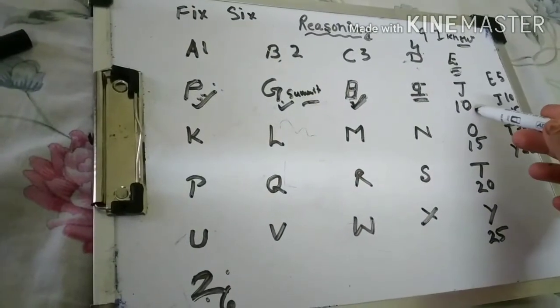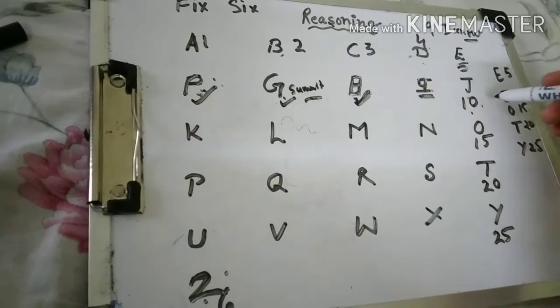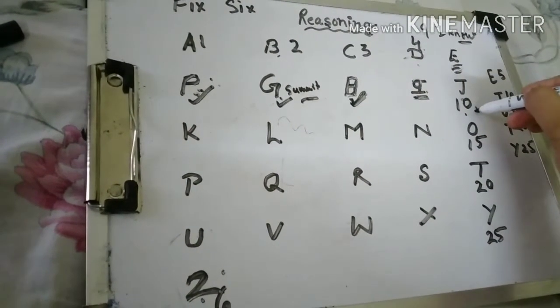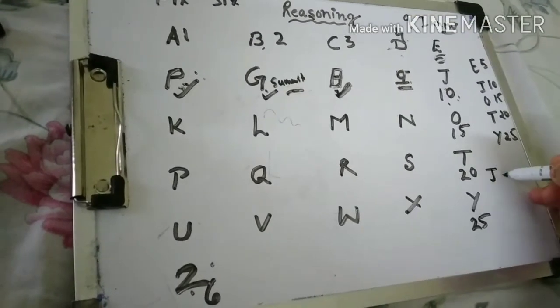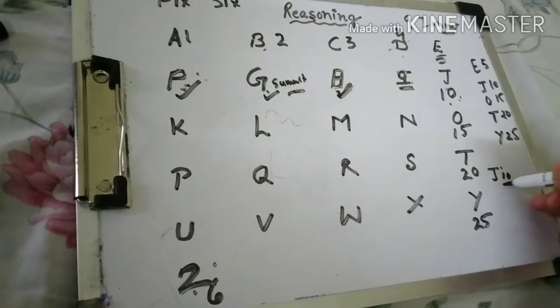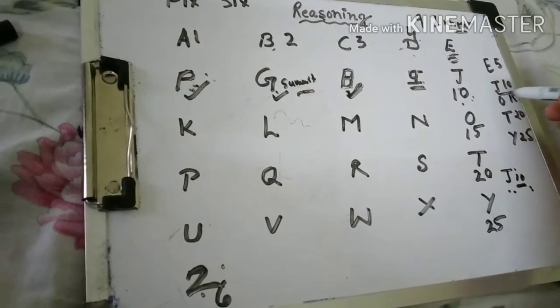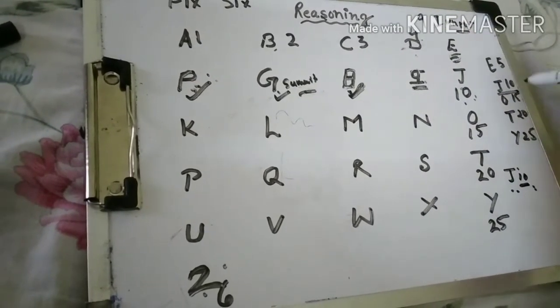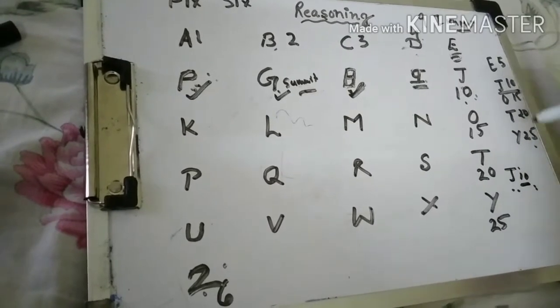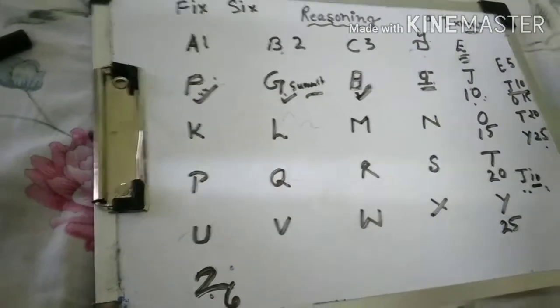So 10, J. Otherwise one more trick to remember, J represents 10, Geo, 10 number. J stands for 10, or you can remember like this also, EJOTI, 5, 10, 15, 20, 25. The table of 5 you can also remember like this.